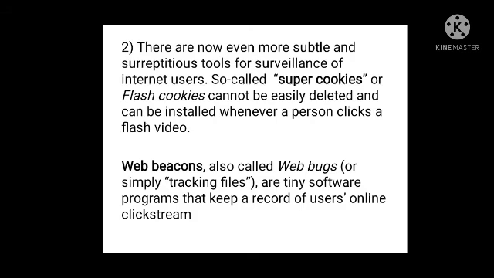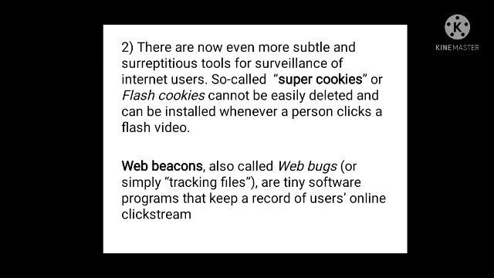Flash cookies cannot be easily deleted and can be installed whenever a person clicks on a flash video. These so-called local shared object files are used by Flash to play videos and are put on the user's computer without their consent.